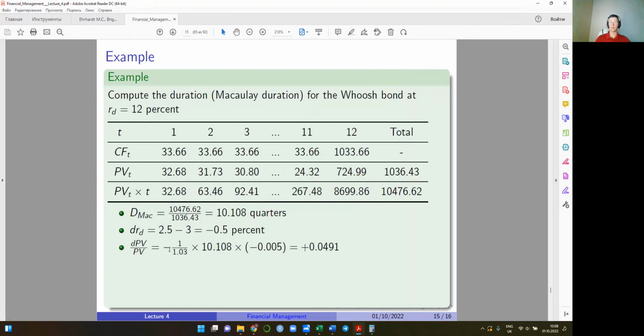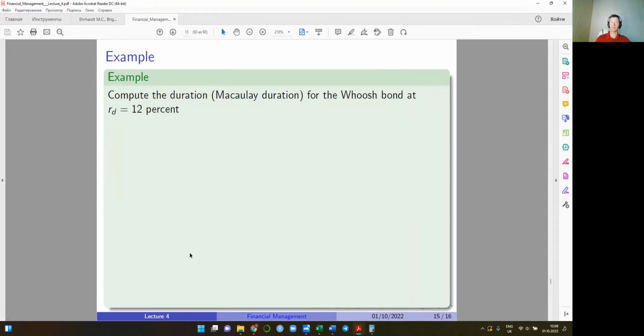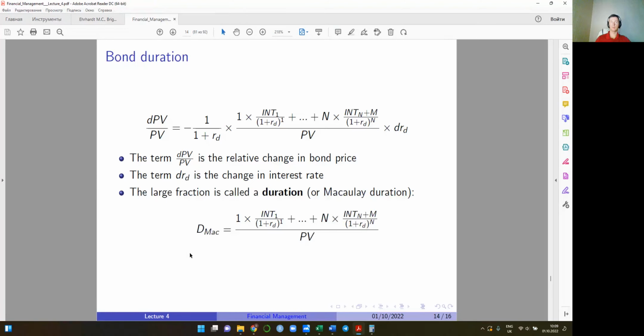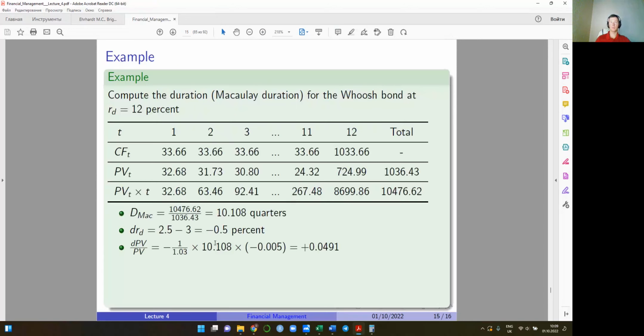We are taking this term, minus 1 over 1 plus r, then we take this duration, 10.108, and then we multiply by the change in the interest rate. Of course, we need to transform this from percent to decimals. And the relative change in bond price is 4.91% here, plus 4.91%.